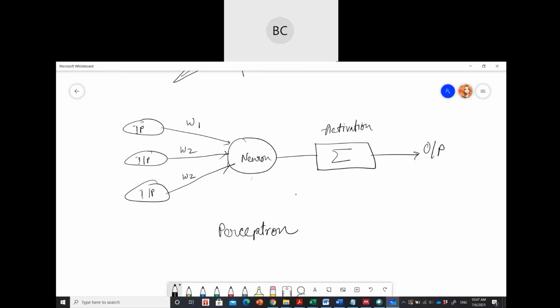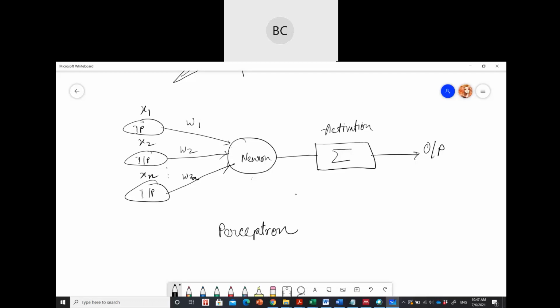So this single neuron is known as your perceptron. Each of these inputs will have a particular weight. So what will these weights define?